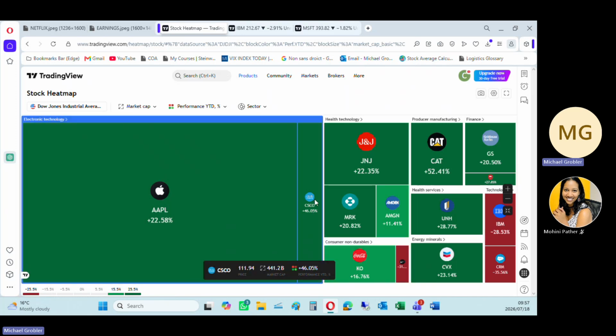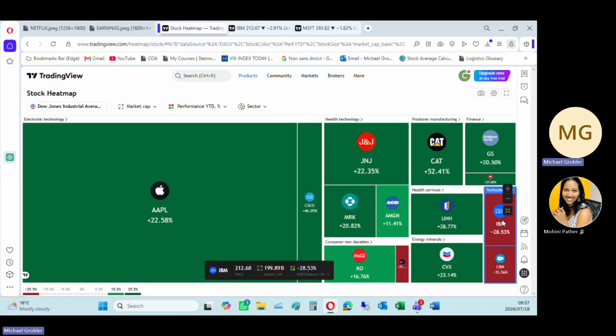Apple is Apple, and Cisco is just a technology company, but again, more in the picks and shovels of the AI. So these guys were enabling AI, and the IBM and the Salesforce were going to get eaten alive by the AI, apparently.